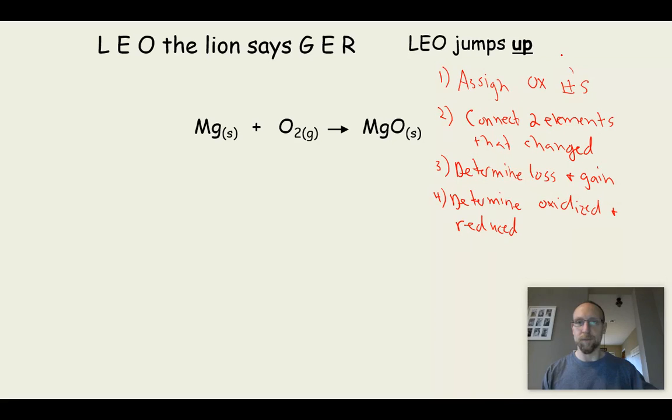So these are our 4 steps, right? So kind of keep those in mind as you're going through this. It's going to help you out. So go through the steps.